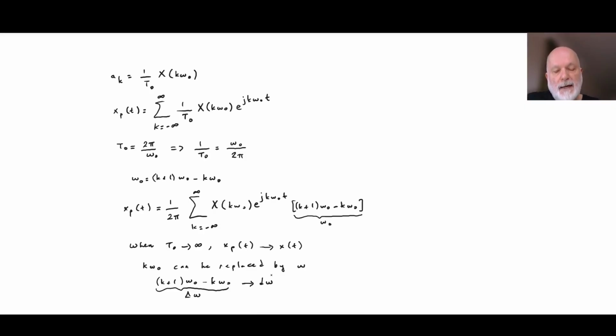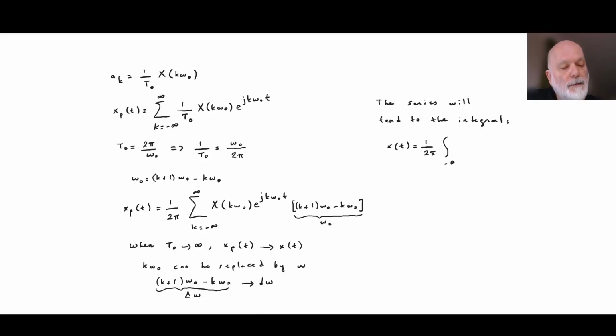Okay? And eventually the series will tend to the integral: xp of t will tend to x of t equal to 1 over 2 pi times the integral from minus infinity to plus infinity of X of omega e to j omega t, integrated with respect to omega.